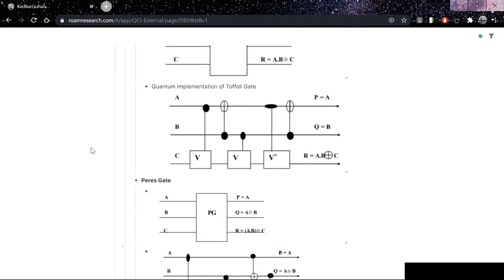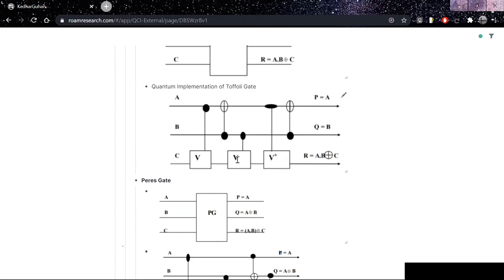And the third gate is not applied because of this CNOT operation. A is being XORed with B, so A is flipped, and since B is also 1, A XOR B is 0. When this is 0, the V transpose gate is not applied. Just V and V are applied.